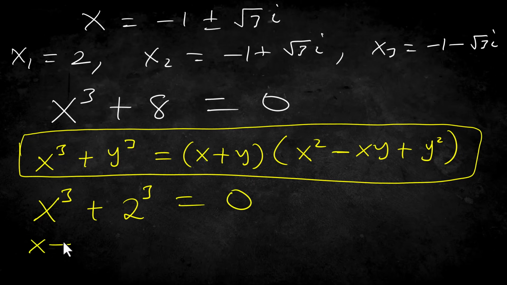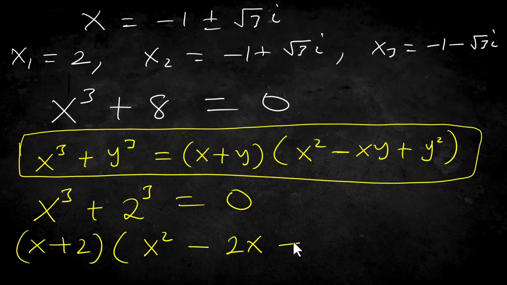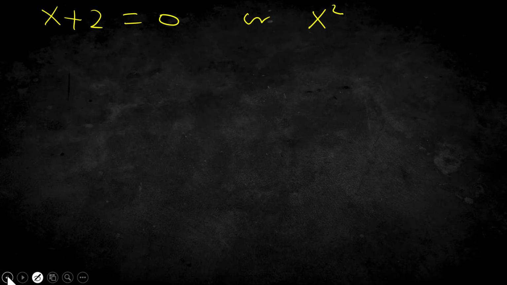So (x plus 2)(x squared minus the product 2x plus 2 squared, 4) equals 0. Now with the zero product, x plus 2 equal to 0, or x squared minus 2x plus 4 equals 0.